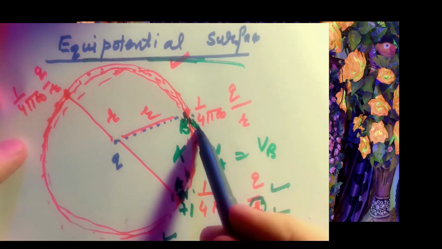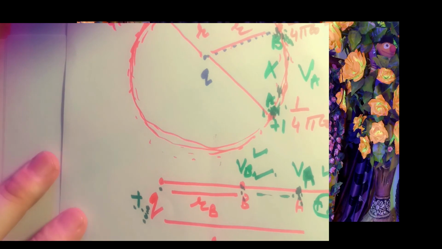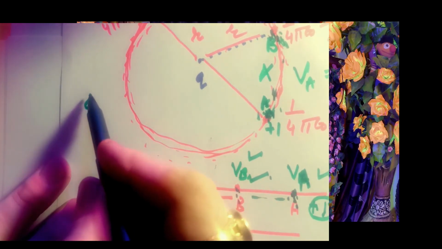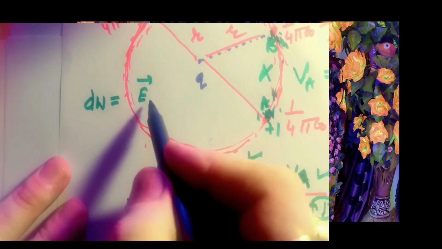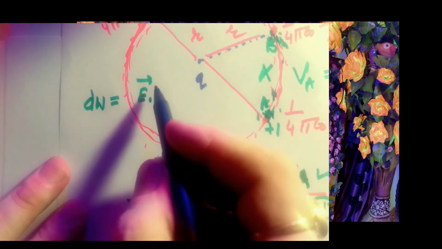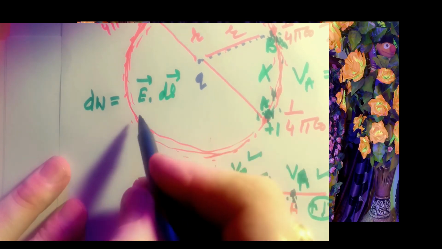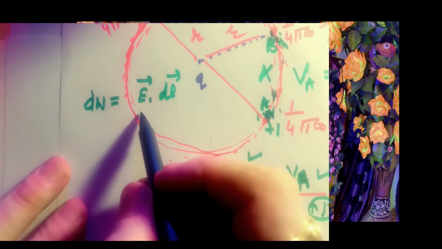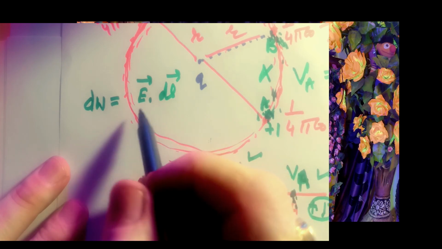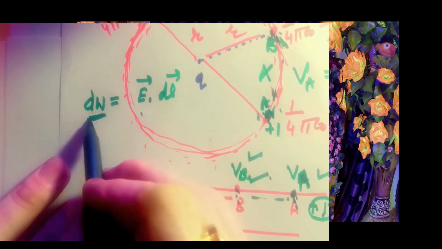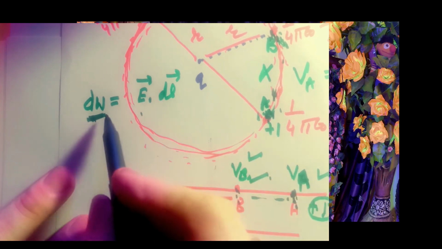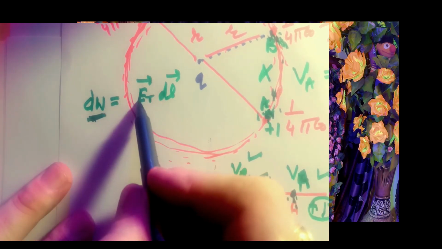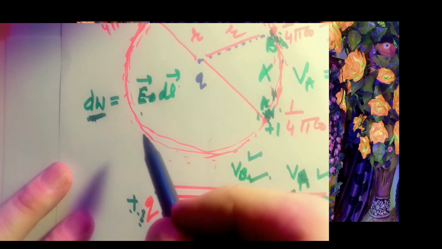No work is done. And one thing more, you know very well the definition of electric field with potential difference. The work is E vector dot dl vector. From that expression, electric field is equal to the negative of the potential gradient. So basically for unit charge, the work done is the potential difference. Or remember dW is E vector dot dl vector.